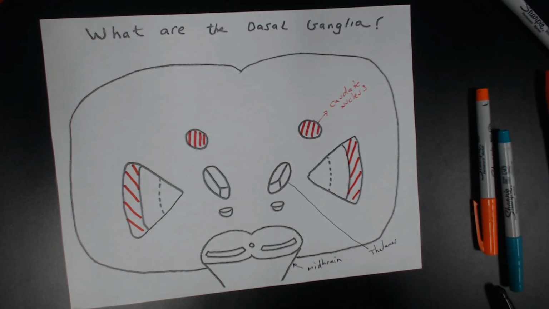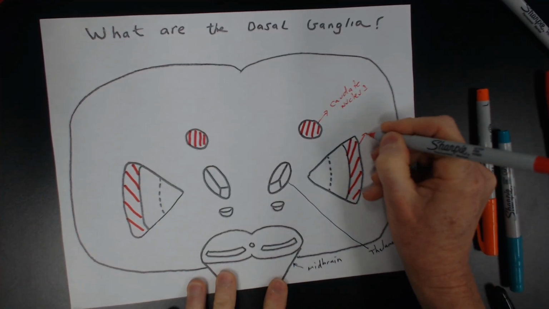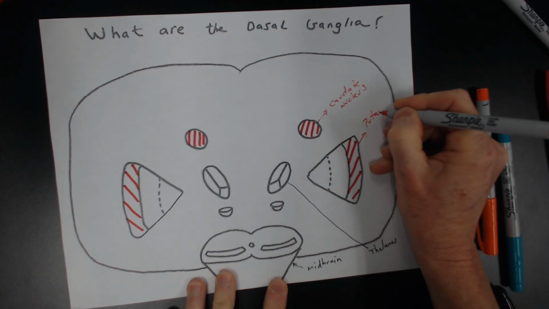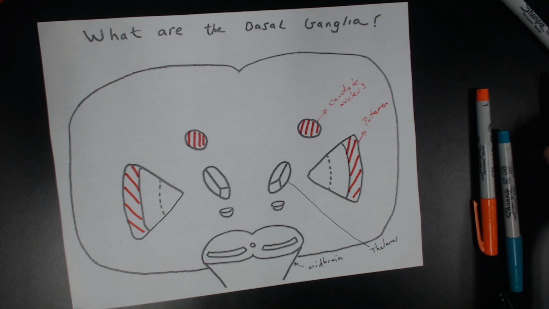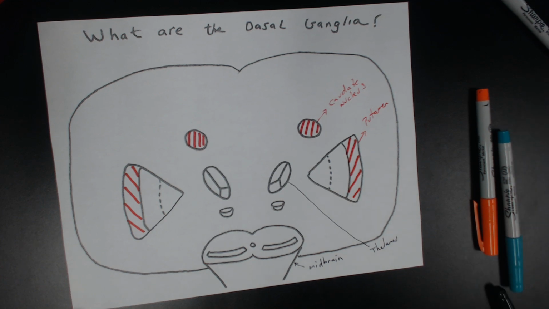This is going to be something known as your putamen, P-U-T-A-M-E-N. Putamen is just going to be another part of the basal ganglia that we're going to talk about.